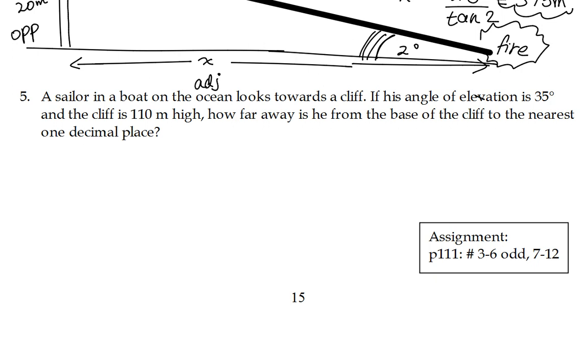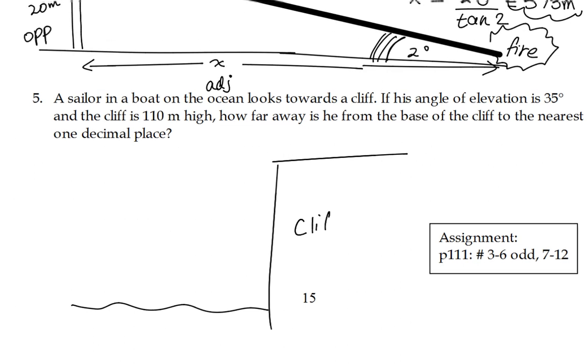Okay, so we've got a sailor in his boat on the ocean looking towards a cliff. Angle of elevation given. And the cliff's height is given. How far is he from the base? So here's your cliff.